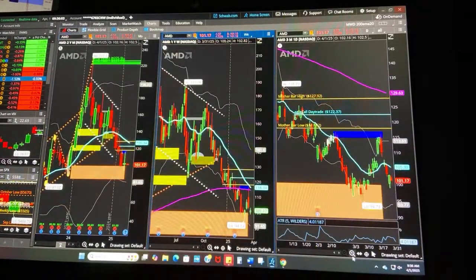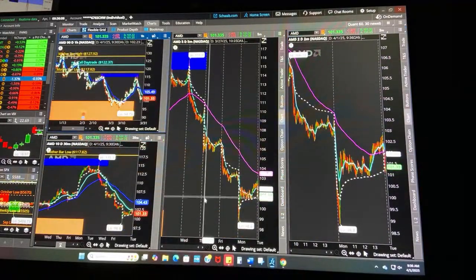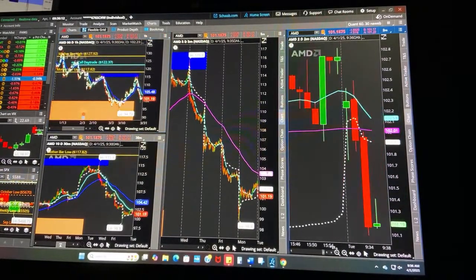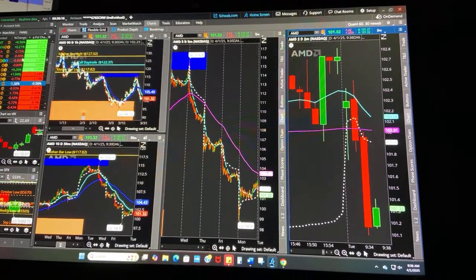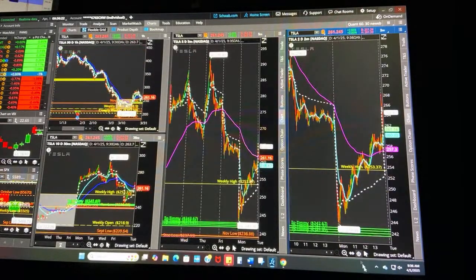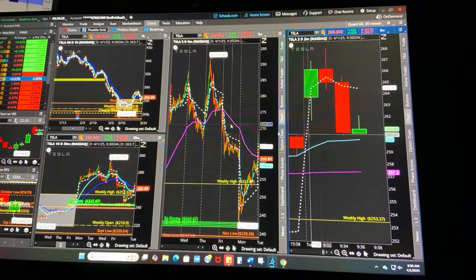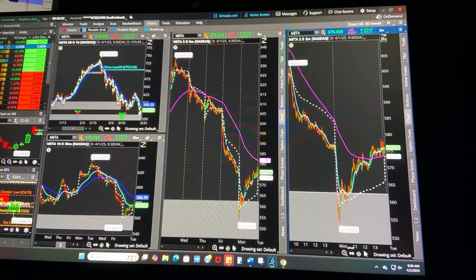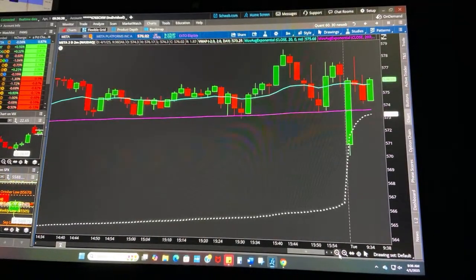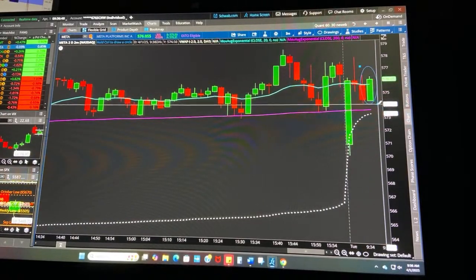AMD weaker as well. Meta trying to form something here. Not quite yet. Want to be patient.